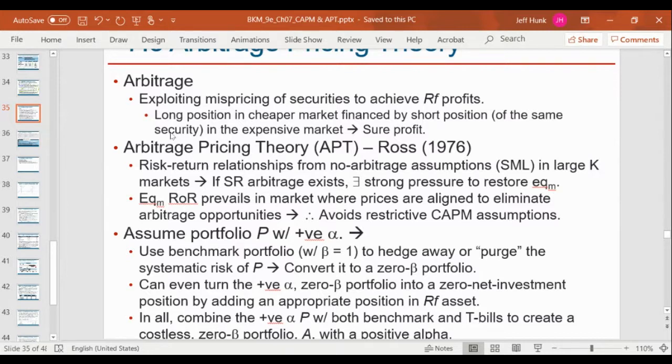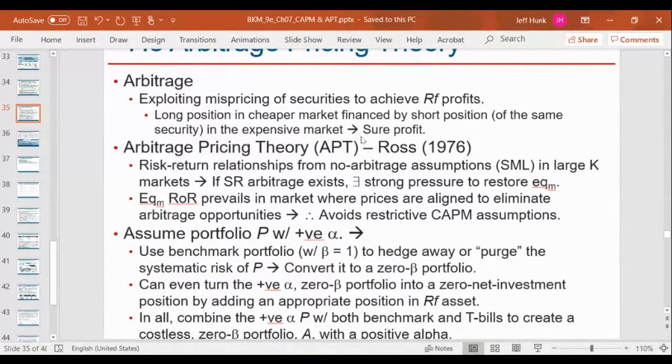But in arbitrage pricing theory or arbitrage pricing model, you are trying to exploit the mispricing to achieve risk-free profits. So you take a long position in the cheaper market financed by a short position of the same security in the expensive market.